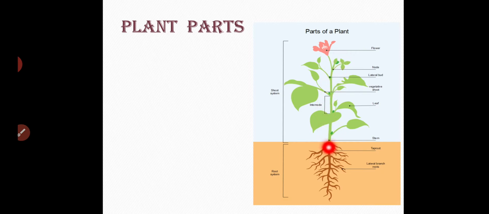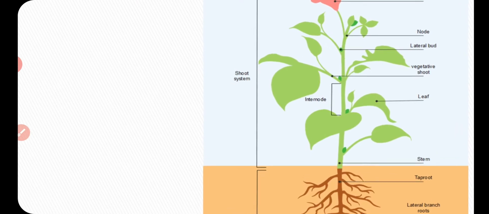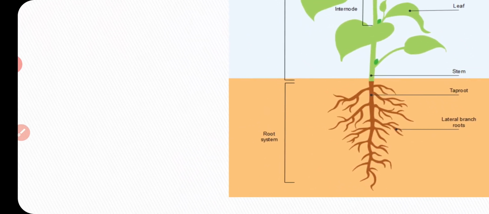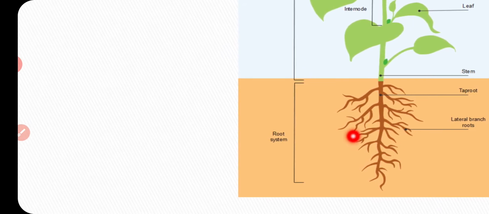So let us study one by one. When we take that plant, this part is called a root, right? In that also we have two sections. One is the tap root, another one is the lateral branch roots. The small hair-like structures that are present are called lateral branch roots. This long thin stick-like structure is called a stem.